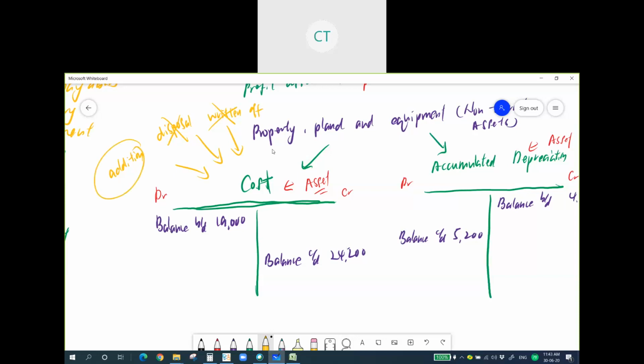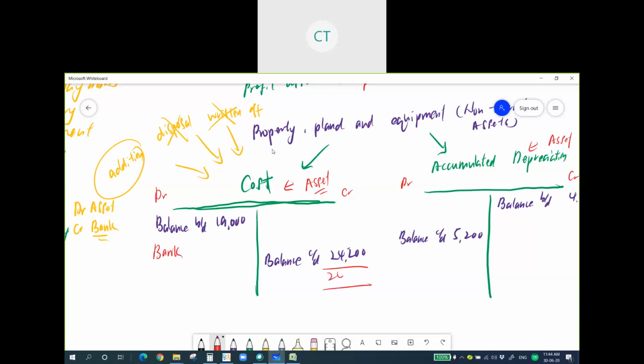So what is the double entry for your addition? We debit the asset account and credit bank. Why credit bank? Because bank makes payment. So debit is on the asset. So from this, we can know that the missing information is on the debit side. What is the amount?